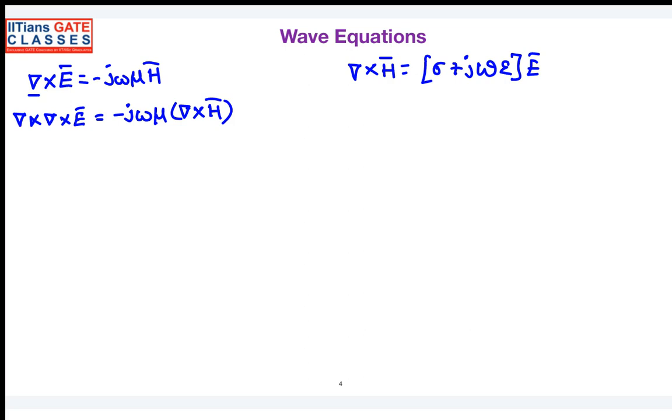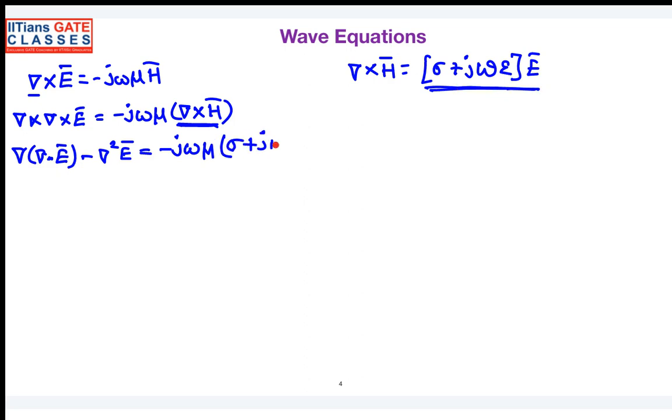We know that it will be the gradient of divergence minus the Laplacian, equal to minus j omega mu into, and the value of curl of H you can replace with this, that will be sigma plus j omega epsilon into E.